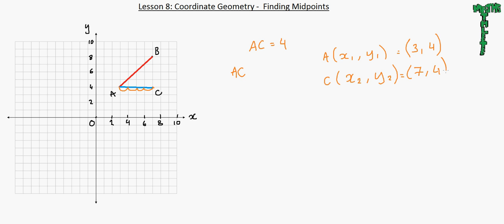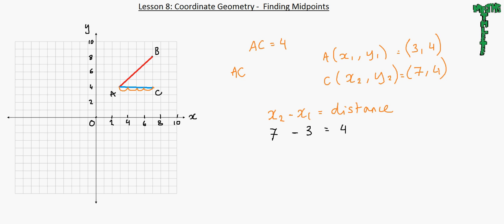Now what you notice is if you took the second x coordinate, x2, and subtracted x1, you would have got the distance, which is exactly what it gave us. Let's test it out: x2, which is 7, minus x1, which is 3, and it gives us 4.